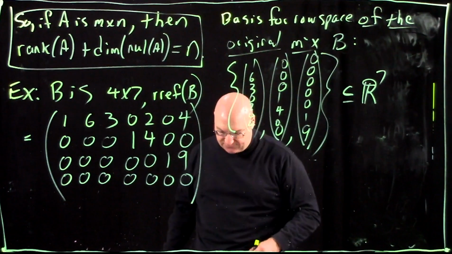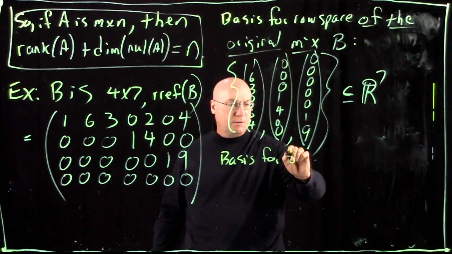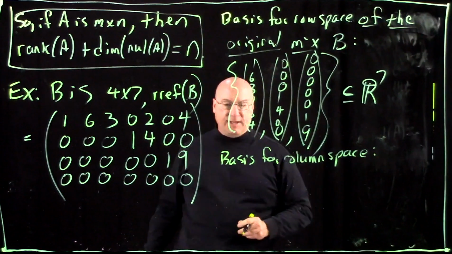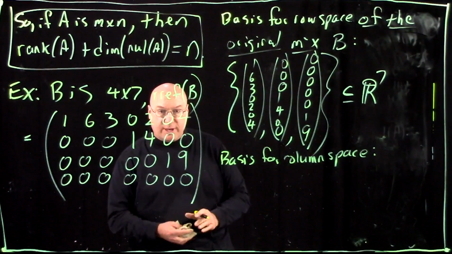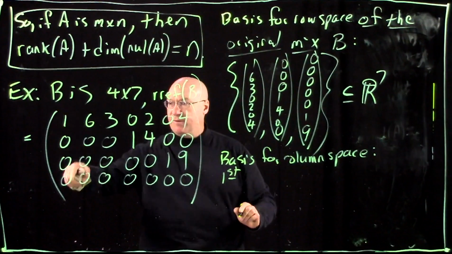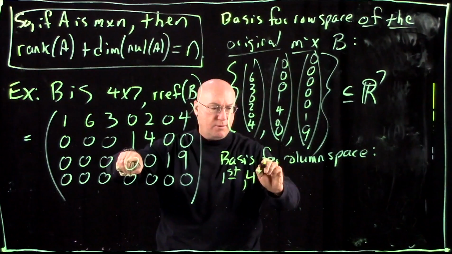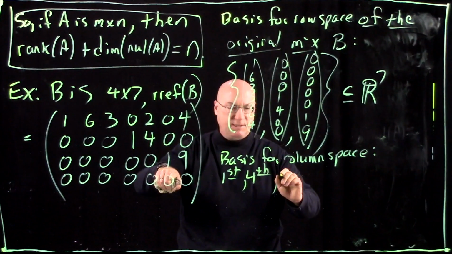But let's do a basis for the column space. The answer is, I can't write it out because I don't have the original matrix. I need the original matrix, but I can tell you this much. There's a pivot there. So fourth, not a pivot. There's a pivot. That's sixth.